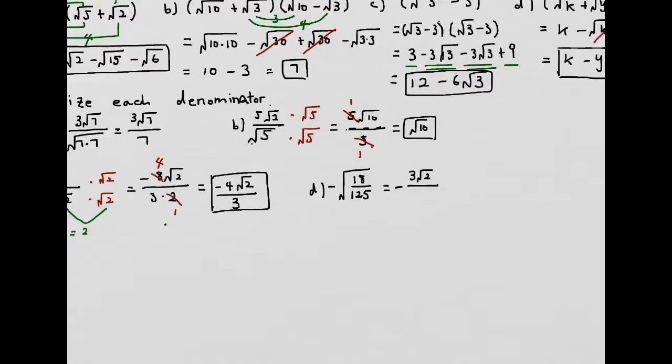And then square root of 125, that's 5 square root of 5. And now once it's in the simplest form, then you want to think about what to multiply to get rid of the square root from the denominator. That will be square root of 5. So then you multiply that number on both sides.